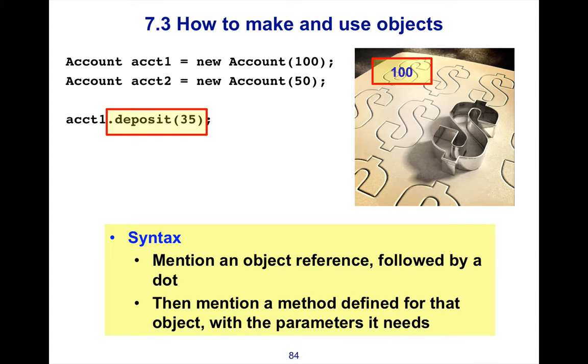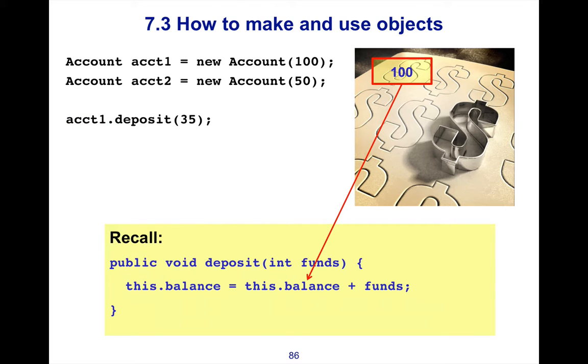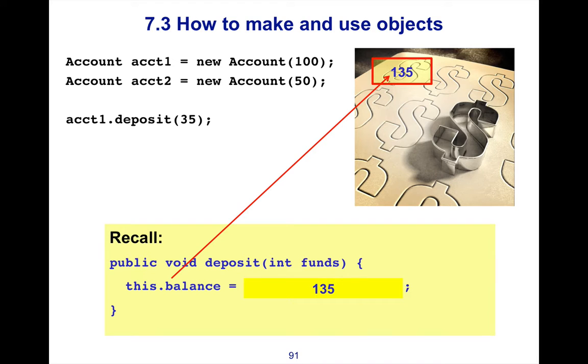How does this work? Inside the account object, the variable this has taken on the value of account1. In other words, this account, now that we're running this method, is referring to the account1 object, which previously had $100 in it. Now we're depositing 35, so the 35 gets bound to the funds. 100 added to 35 gives us 135, and this.balance now has $135 in it for the account1 object.